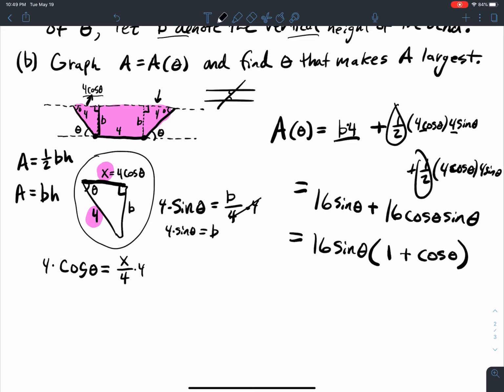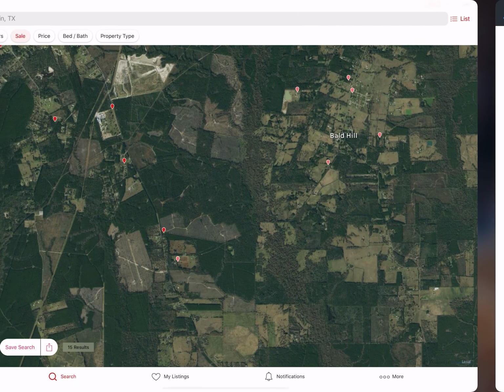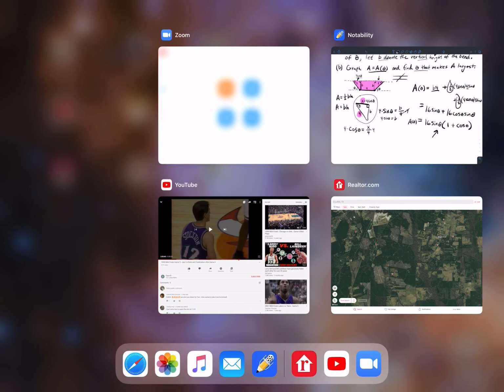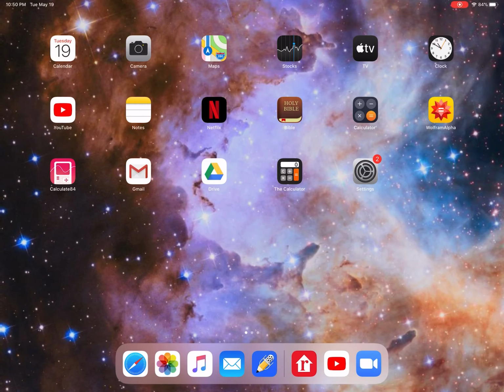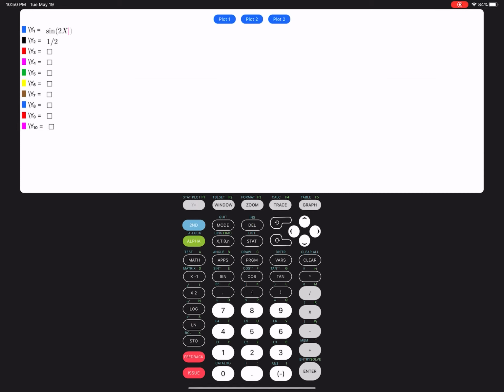All right. Now, the second part says that I want to graph my area function, and I want to find the theta that makes it the biggest. So we need to use our calculator, and we'll do our maximum value. Okay, so let's go to our calculator. Clear.